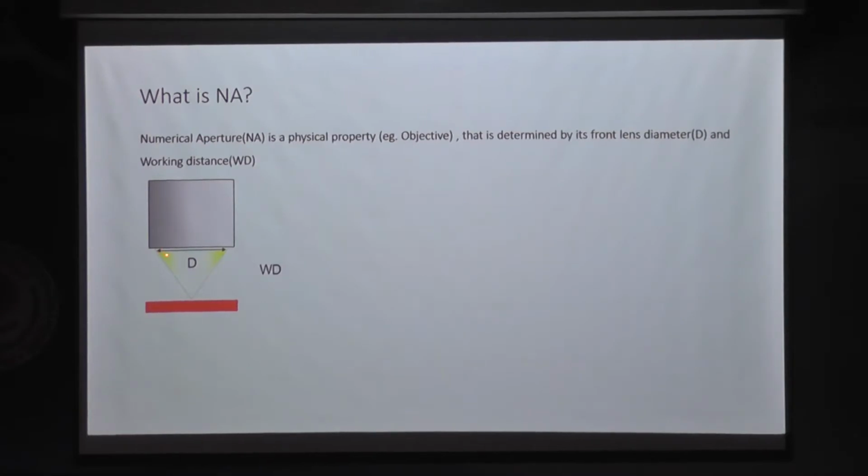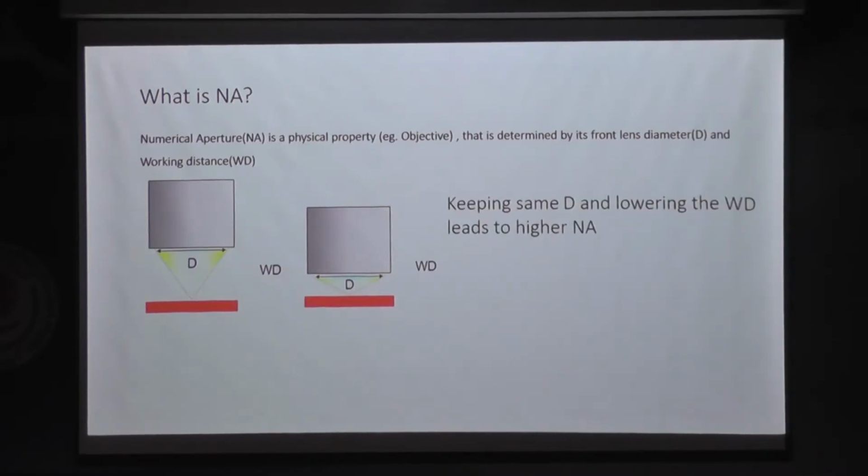This is the distance from the specimen to the objective, which is called the working distance. As I increase the numerical aperture and the objective magnification, the working distance is getting reduced. You can compare here. Lowering the working distance leads to higher resolution and higher numerical aperture.